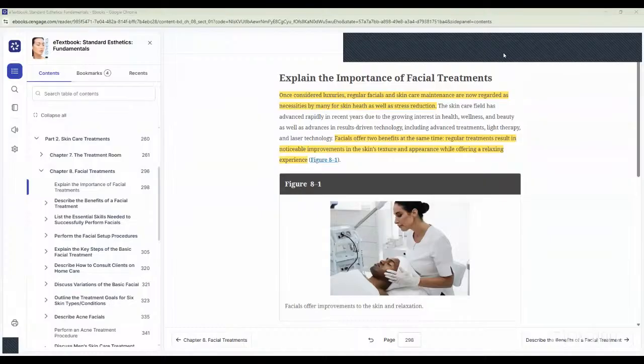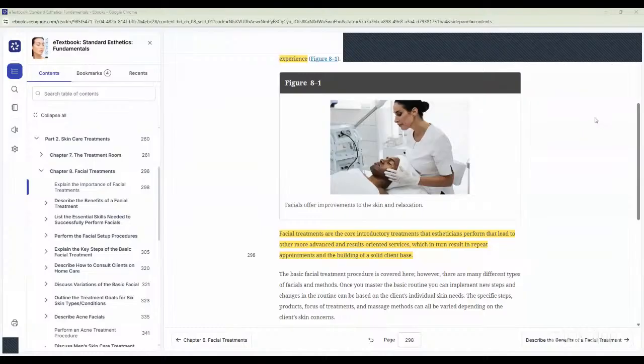It says facials offer two benefits at the same time. Remember, I told you, you need to know the benefits of the facial. Okay. Now, it results in noticeable improvements in the skin's texture and appearance while offering a relaxing experience. Okay. There are core introductory treatments, which is what we have in our traditional school, traditional textbook. It is just the beginning. Okay.